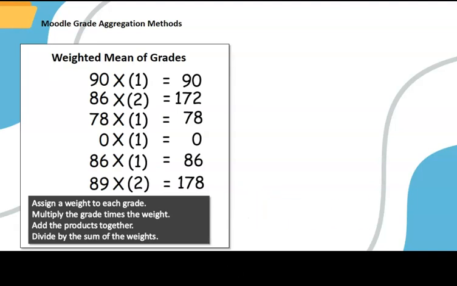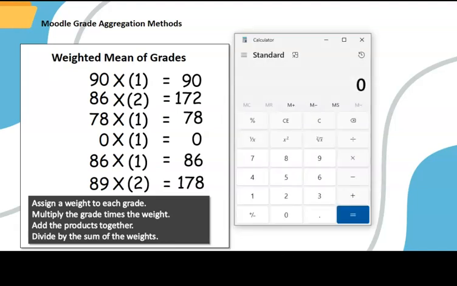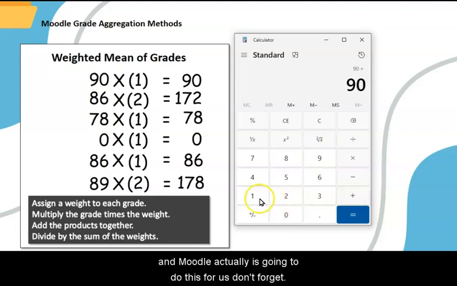Then we add those products together, just like we would if we were averaging or developing a mean traditionally. Moodle actually is going to do this for us, don't forget.